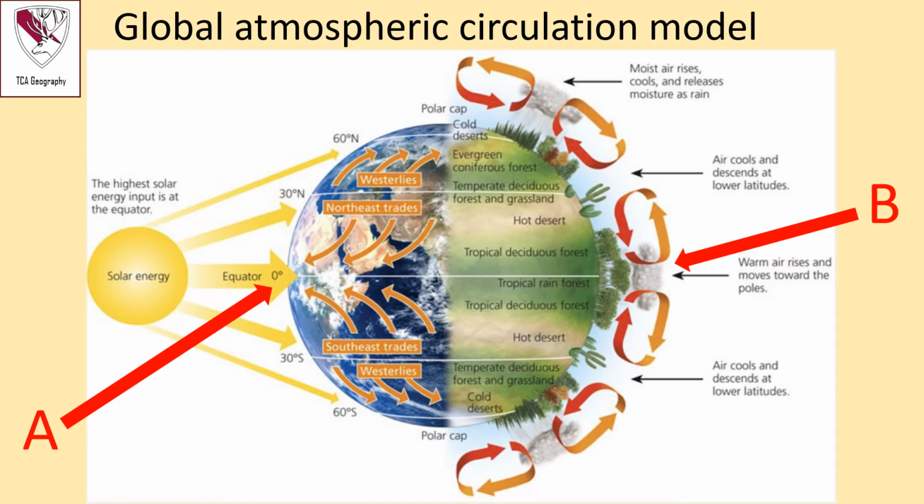This is the effect of the hot air rising. As the hot air rises, it creates low pressure underneath. So B shows the equatorial region of low pressure belt.